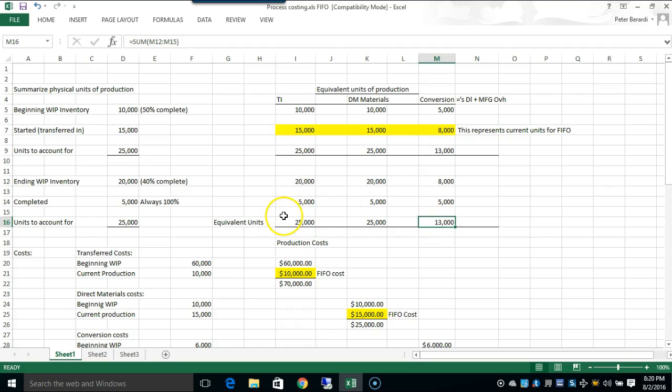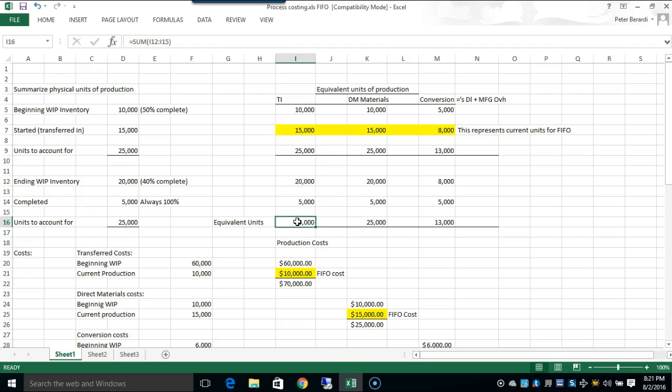Now, the next step, because you know the total equivalent units for the bottom half of your physical units to account for, you know that the top must equal the bottom units to account for. Therefore, the equivalent units on the bottom must equal the top as well. They must equal.